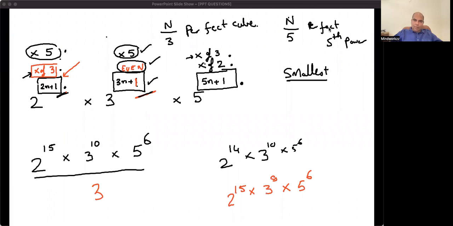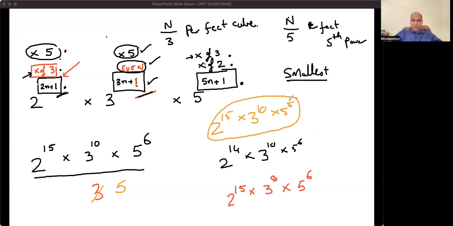And if I divide this number by 5, I have 2 raised to 15 into 3 raised to 10 into 5 raised to 5, which is a perfect fifth power.